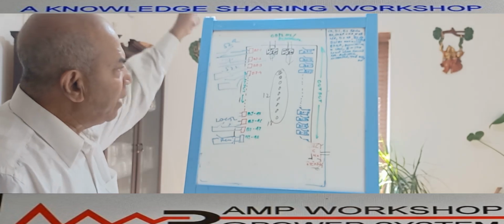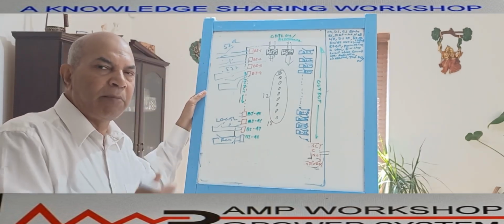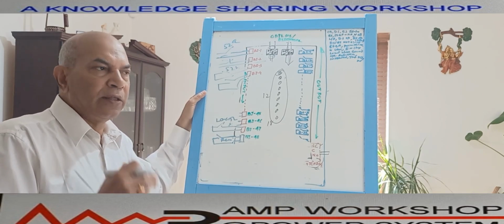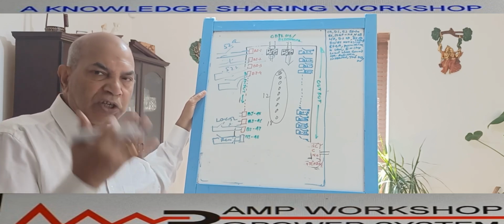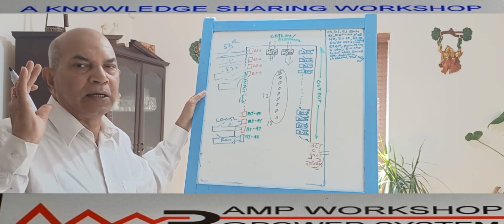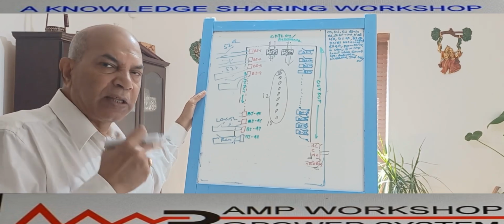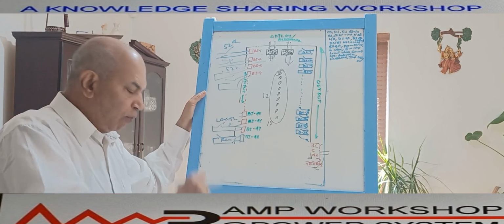In this way, suppose an emergency push button is operated from somewhere. The moment the emergency push button is operated, the protection relay needs to know that it has been operated, so that it will remain idle. So that emergency push button contact I have to wire up to the protection relay.